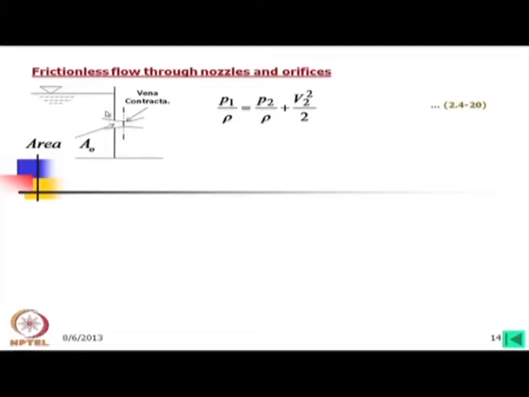We are considering this area a little away on the left side from the orifice, and then we are considering the velocity V 2 at the vena contracta. Then this equation can be written in this form. That means velocity here we can write as square root of 2 by rho into P 1 minus P 2.